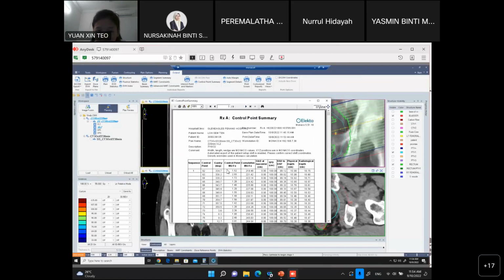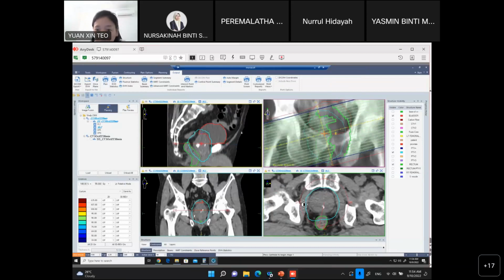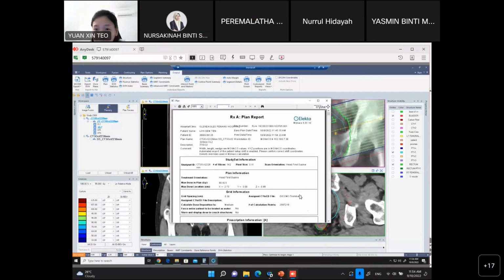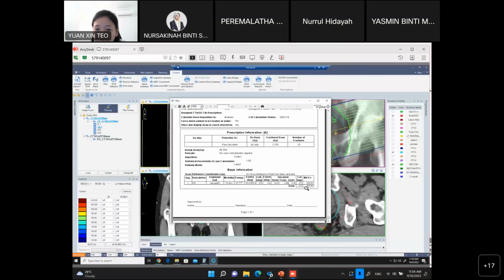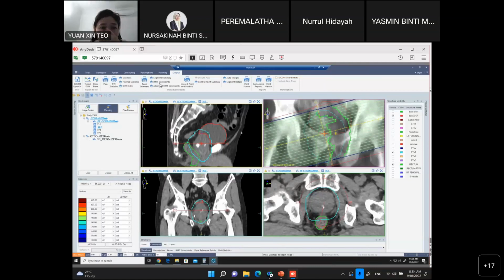Every control point there is a different MU, okay, and also different field size. So every point with small MU combine everything will give you a plan with total MU 925 MU.